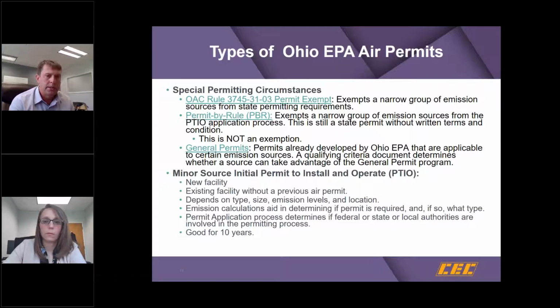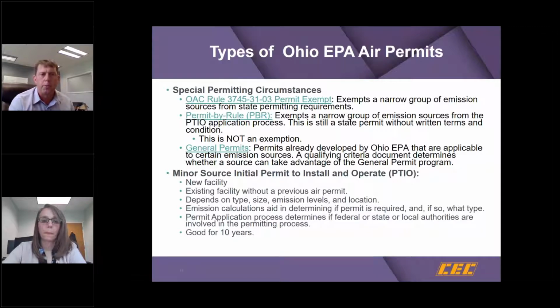It's not an exemption. All it really does is allow you to get authorization and get an actual state permit without going through the permit to install and operate process, which, for minor sources or synthetic minors, can be fairly lengthy anyway. I know gasoline dispensing facilities are one, and auto body shops, things like that.